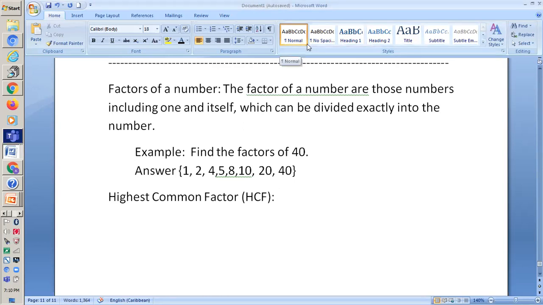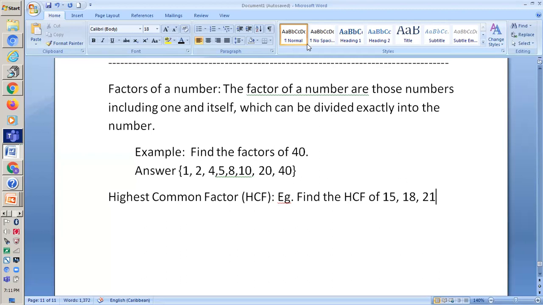So for example, find the HCF of 15, 18, and 21.